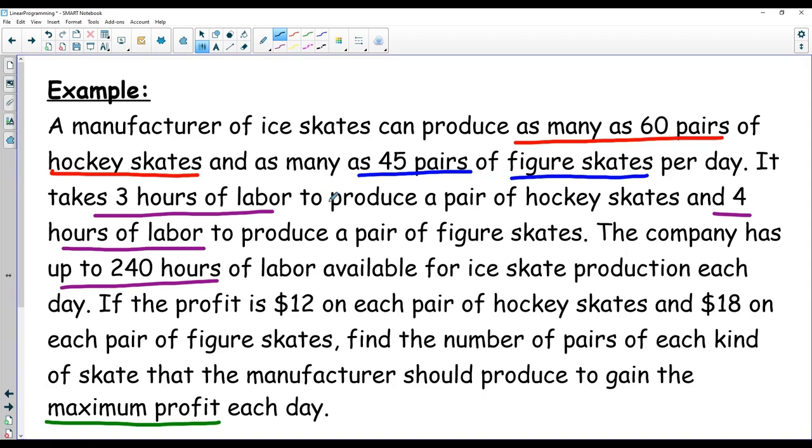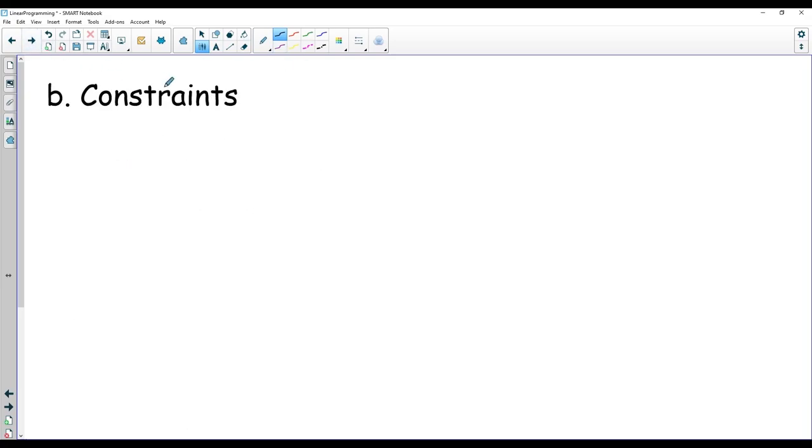We have 3 hours of labor for the hockey skates, 4 hours of labor for the figure skates, and a total of 240 hours available. Each of these I underlined is going to be one of our inequalities for our constraints.